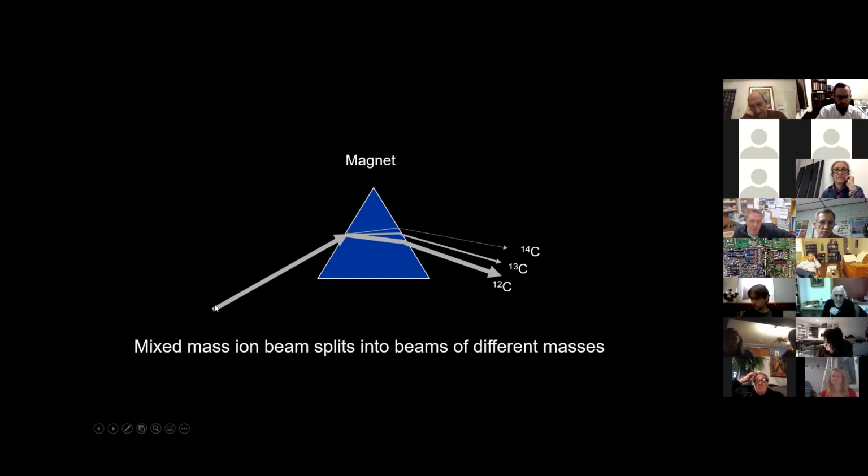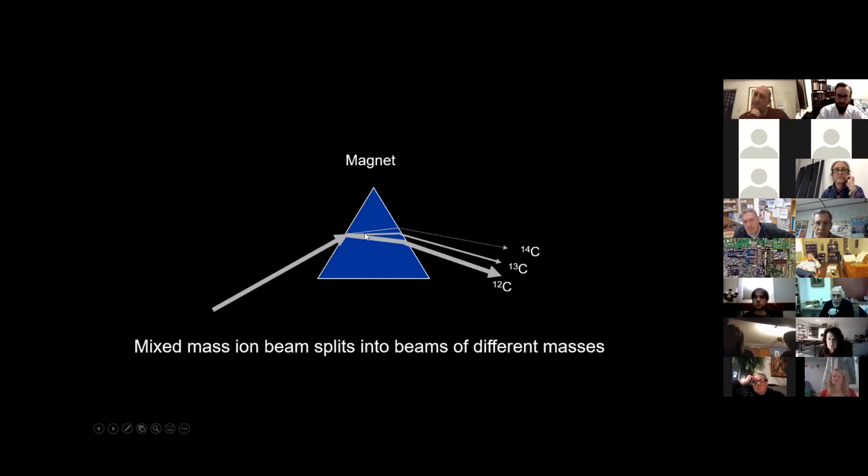For mass spectrometry, we have a beam of carbon that's a mixture of all of the isotopes. It doesn't pass through a prism, it passes through a magnetic field, which continuously causes the beams to bend, but in a completely understandable way. In a fixed magnetic field, the lightest isotope gets bent the most, and so it ends up emerging at the greatest angle.